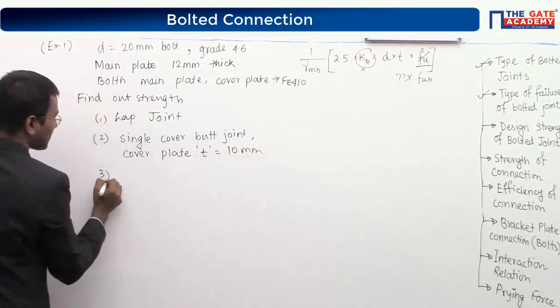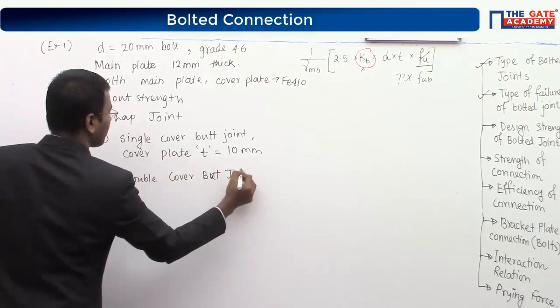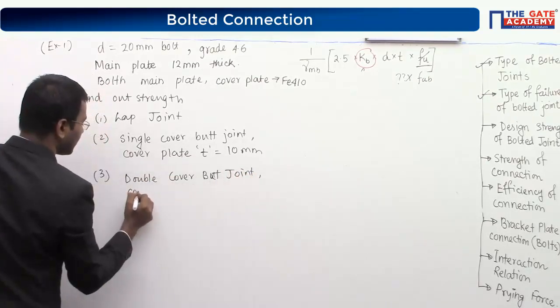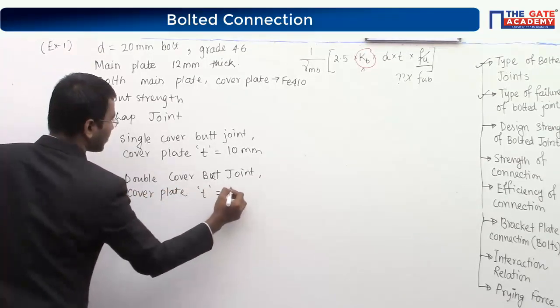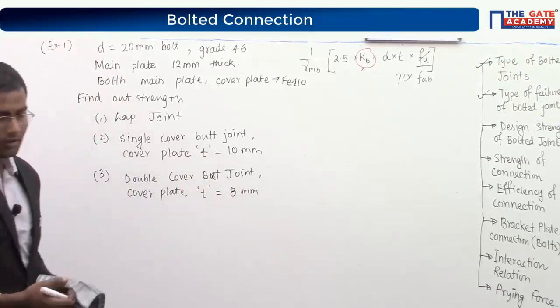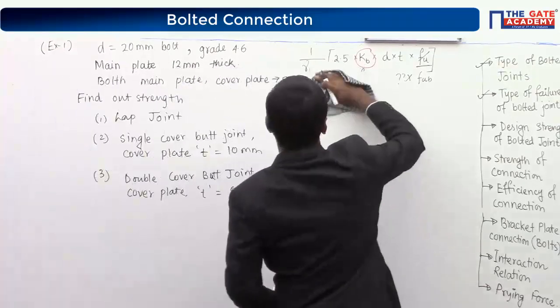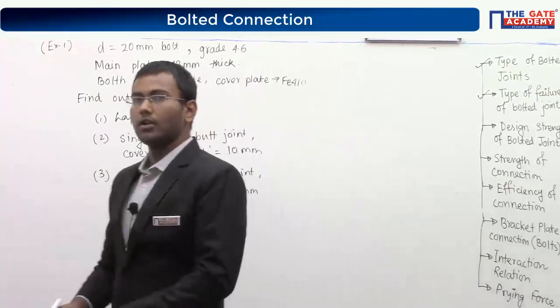And number 3, case number 3, double cover bar joint, when both the cover plates have a thickness of 8 millimeter each. Find out quickly the strength of the bolt in kilonewton.